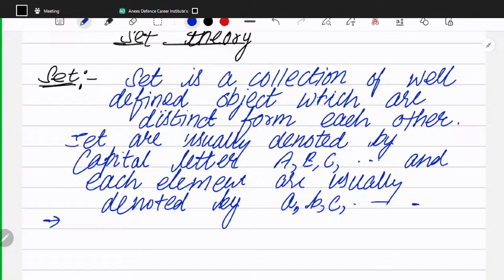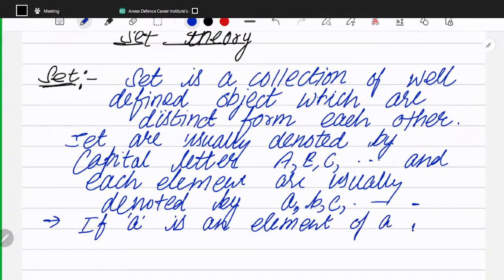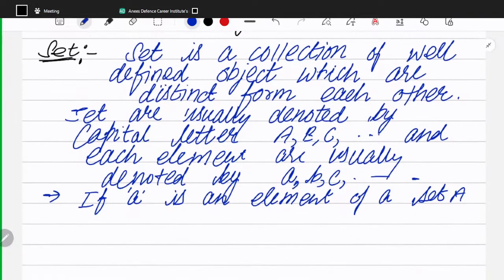The second point is, if small a is an element of a set capital A, then we write a belongs to capital A. This is the symbol of belongs to.